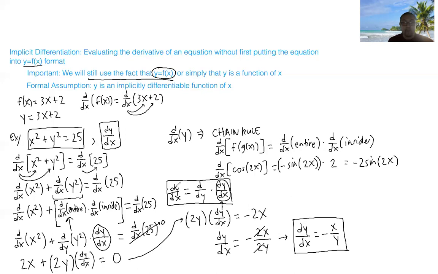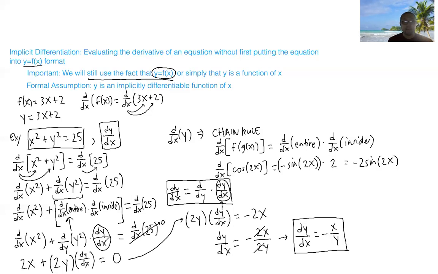So we applied this right here. So d/dy of this whole term, y squared, multiplied by dy over dx, which is the term you're trying to simplify for. And the reason why we can multiply by dy over dx again is because y is a function of x.